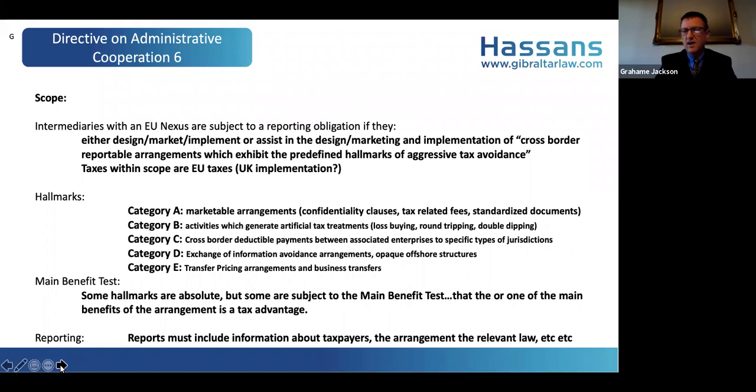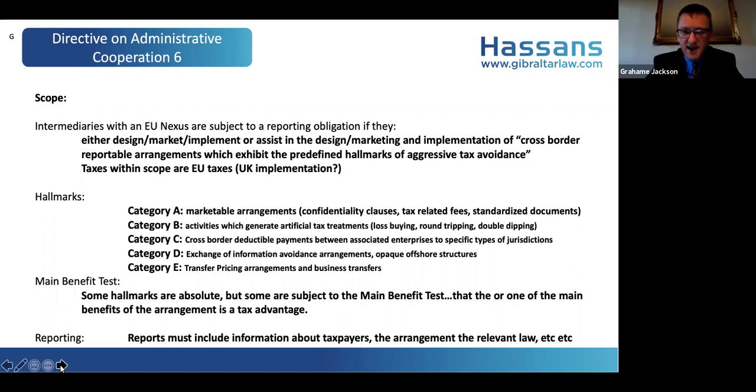And category C is situations where you have cross-border deductible payments between associated enterprises, and the recipient enterprise is in a specific type of jurisdiction, and those jurisdictions tend to be low tax or no tax, so zero or near zero, preferential regimes, generally those which are listed by the OECD in their blacklist, and entities which are resident in no jurisdiction, and entities which are resident in jurisdictions which are on a blacklist. My apologies, stalled there for a second.